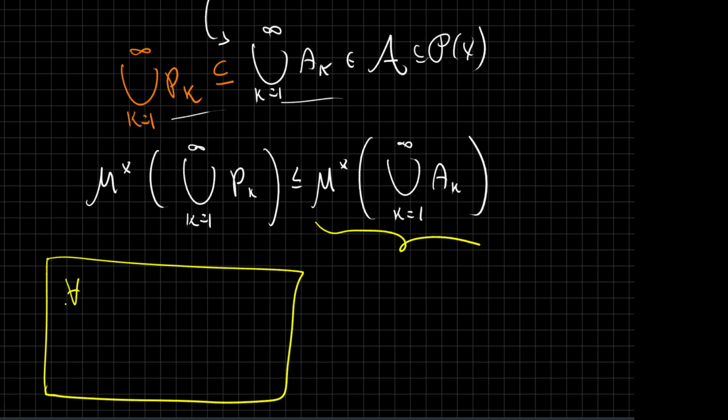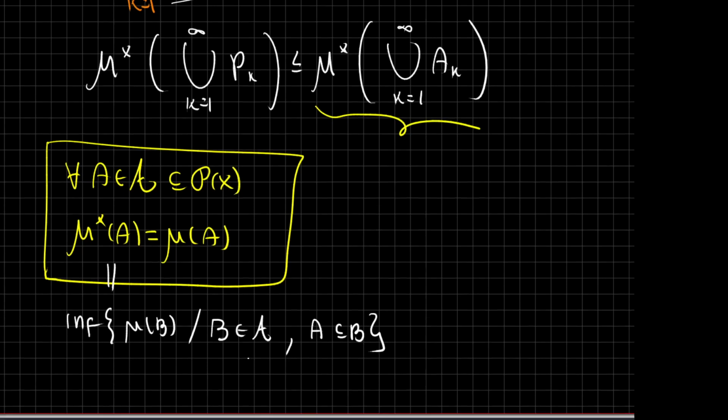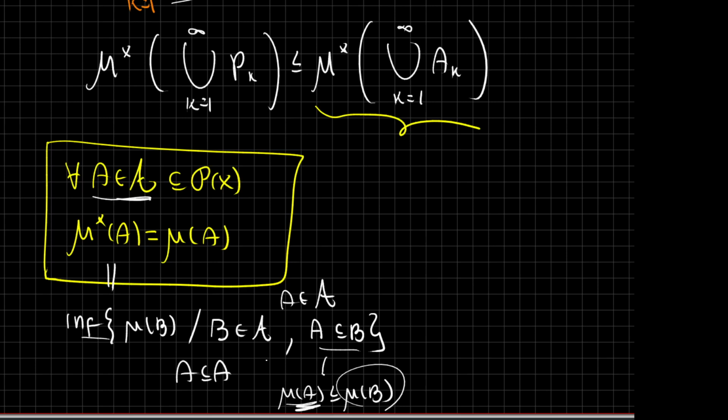For every A inside the sigma algebra, the value of mu star of A is equal to the value of mu of A. This happens because mu star is the infimum of the measures of every B inside the sigma algebra such that A is a subset of B. But by the property of measures, A is also an element of the sigma algebra, so the infimum is clearly mu of A, because A is a subset of A. So A is also in this set here. This is why this happens.